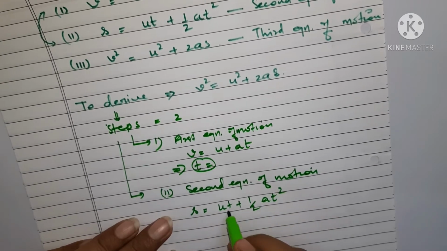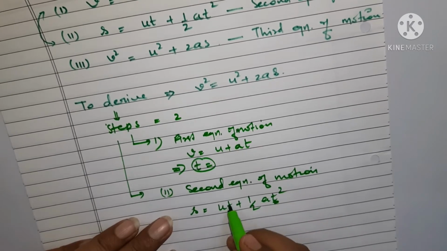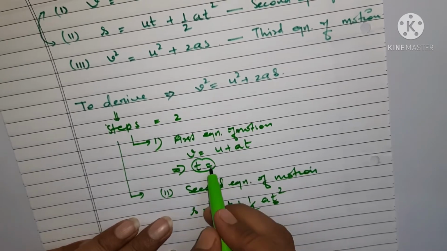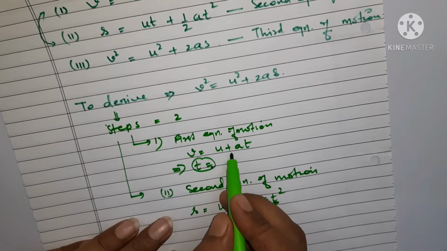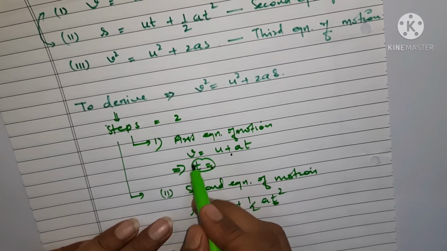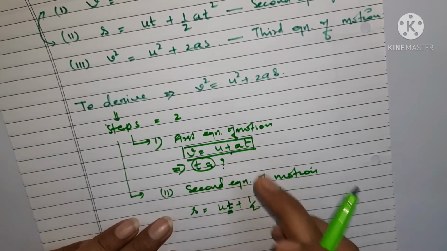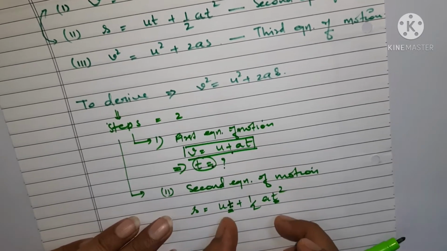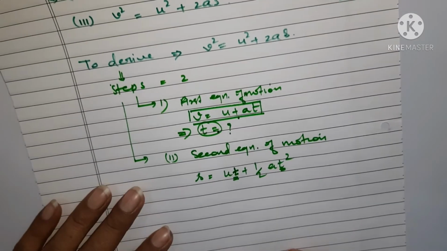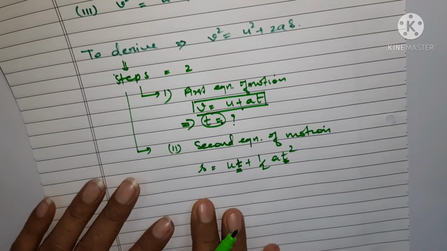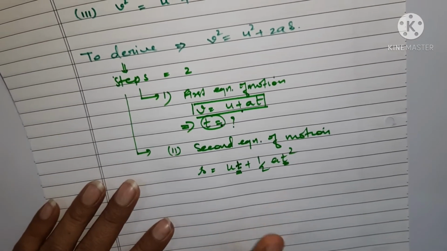Here and here, the value of t you are going to put from the first equation. Then you have to solve the equation and try to find out the value of v.